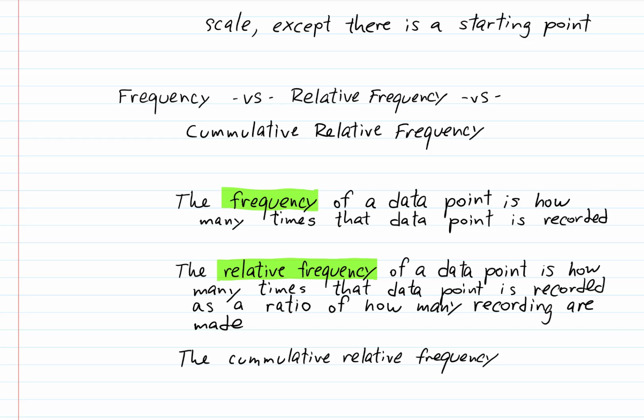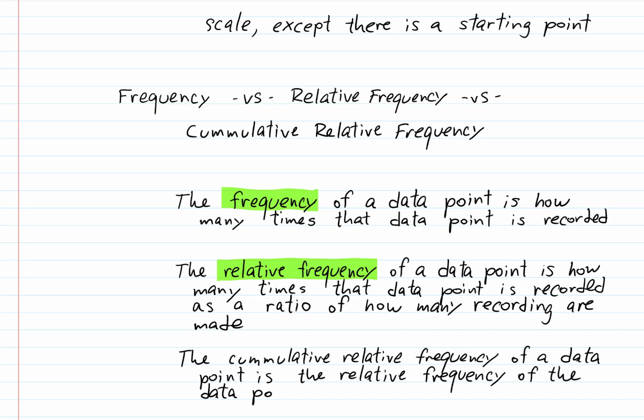Okay, the cumulative relative frequency of a data point is the relative frequency of the data points equal to or less than that data point.